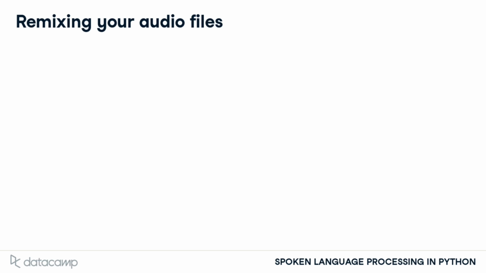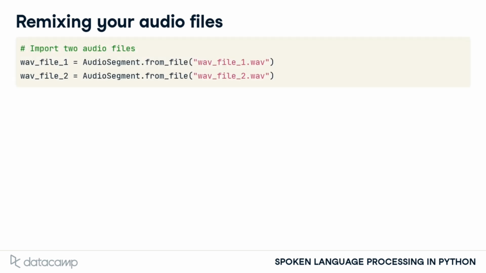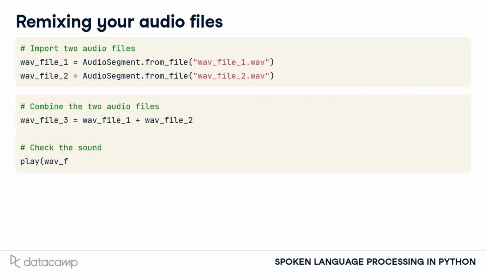Or what if your audio file came in separate parts due to length issues or a broken recording? You can easily add 2 audio segments together using the addition operator. Operators on audio segments work in order of operation.